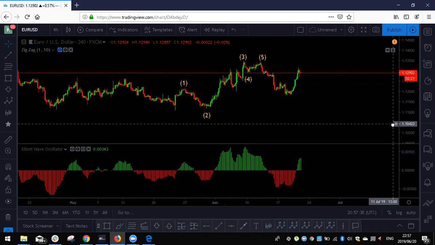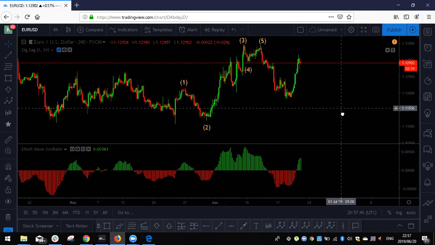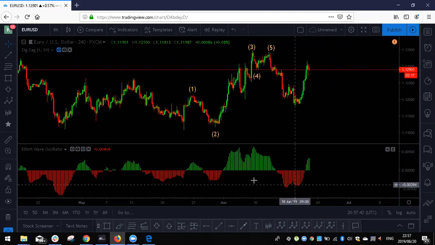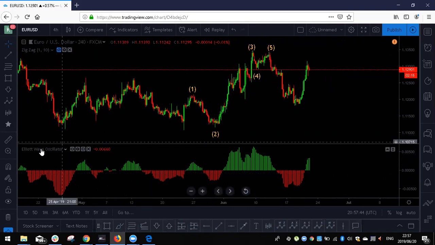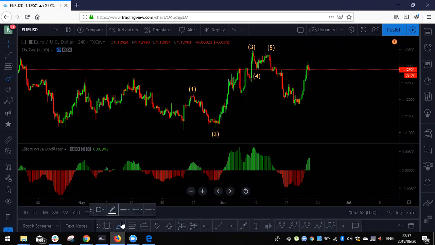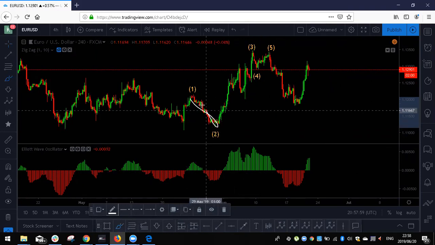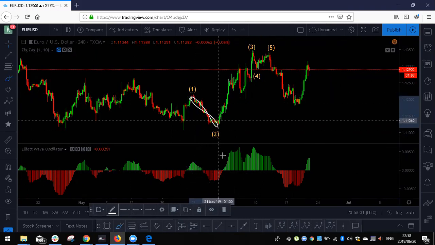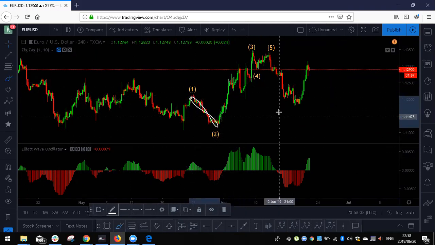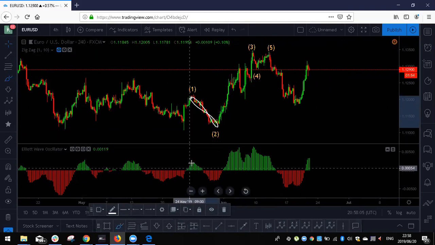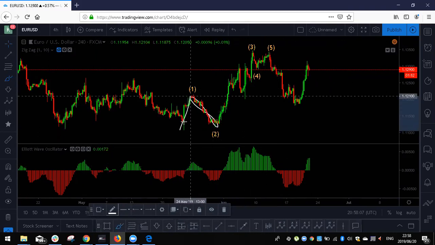So your count is fine, but I want to show you something. When you put in the MACD or this Elliott wave oscillator, where it's red, it means it's a corrective structure, which is correct. Wave 2 is a corrective structure. Where it's green, wave 1 is an impulse move.